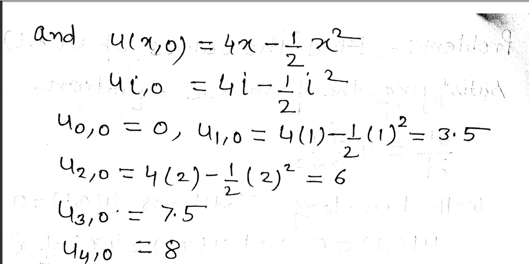So here if we replace, u(x, 0) is equal to 4x minus 1 by 2 x square, which is u(i, 0) is equal to 4i minus 1 by 2 i square.